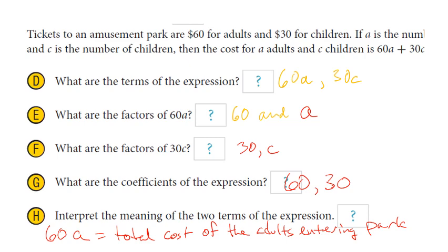And 30C is the cost for the kids entering the amusement park. And 60A plus 30C gives us a total cost for everyone going to the park, for all adults and all children.